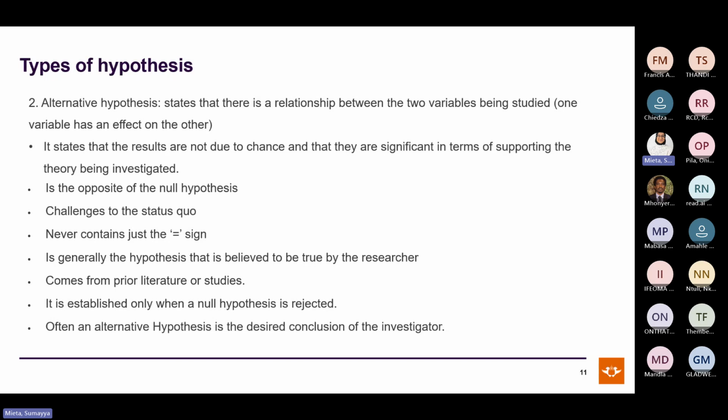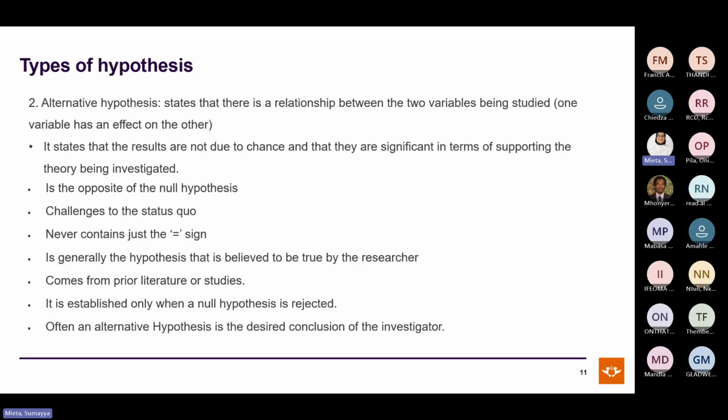If you have only tested one sample, you would not be able to prove the alternate hypothesis because it could be that the result obtained from that one sample was by chance. But if you found the same result after testing 50 different samples, it tells you that it is not by chance, okay? That it is significant and it supports that specific theory, okay?